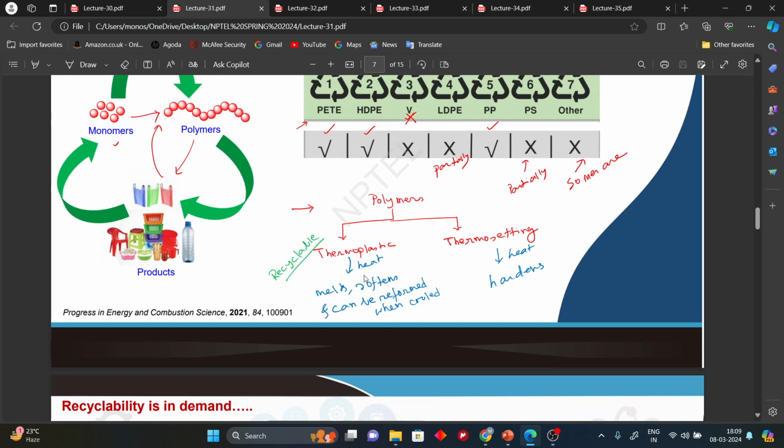Thermoplastics, when you heat this kind of molecule, soften and can be reformed, but for thermosetting polymers, when you heat, hardening occurs. We explained why: for thermosetting polymer, between different macromolecular or polymeric chains you form chemical bonds.